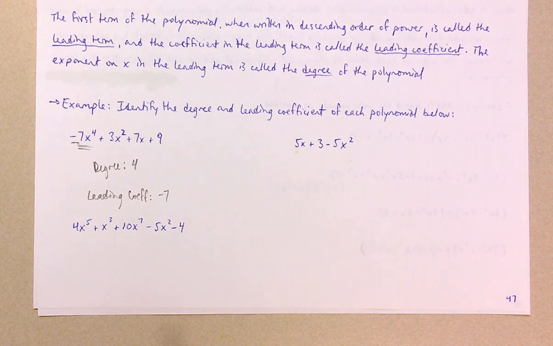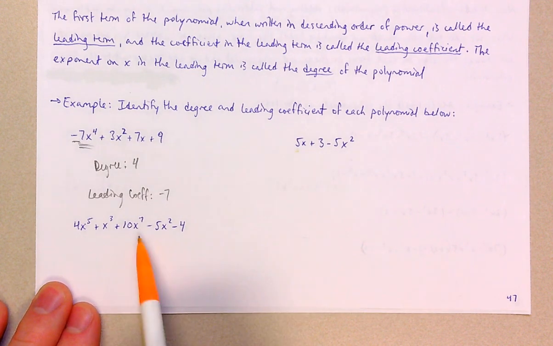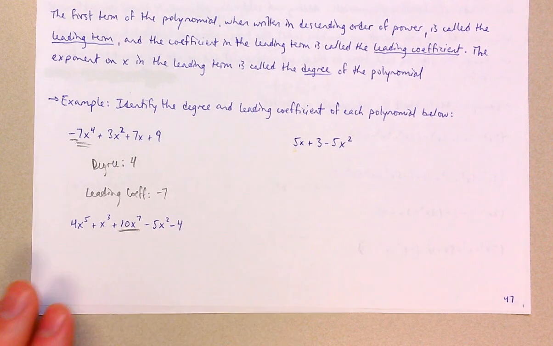So I can either put this in descending order of power, or I can just highlight or underline the term that contains the highest power of x. I'm going to choose to highlight or underline that term, and as I look at these terms, I see that it's the third term right there that contains the highest power of x.